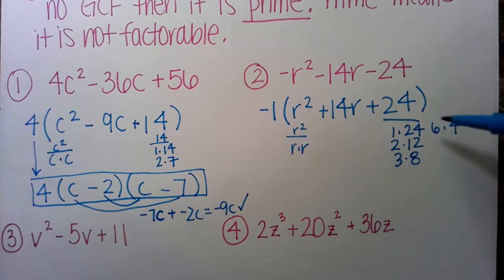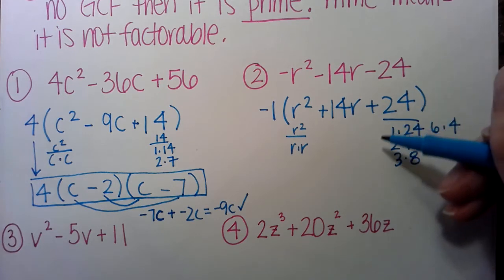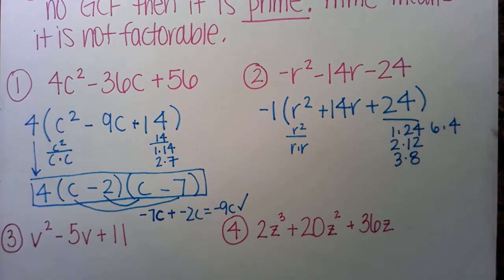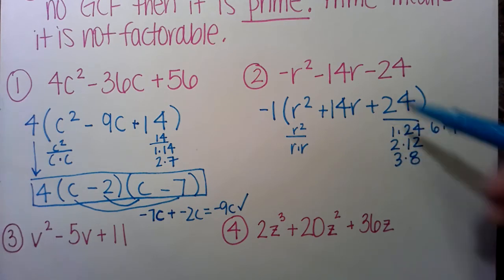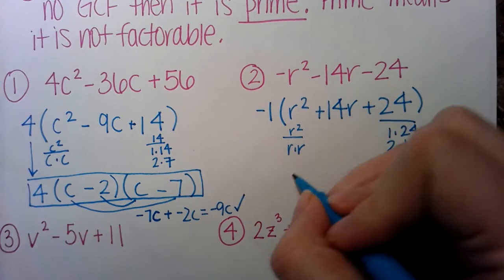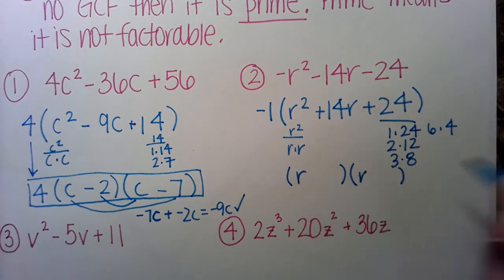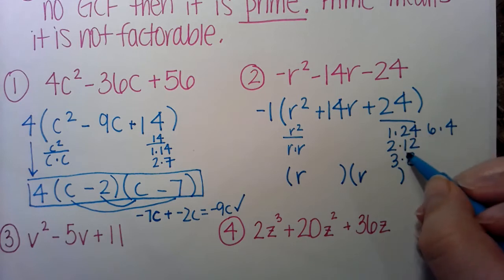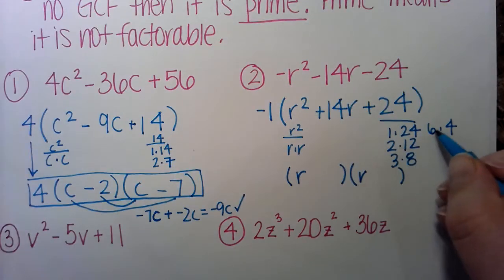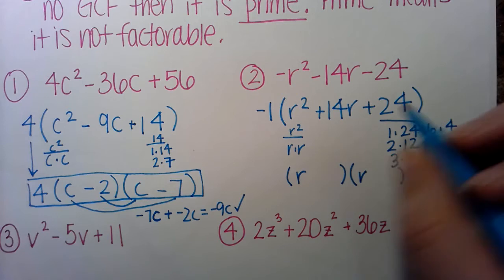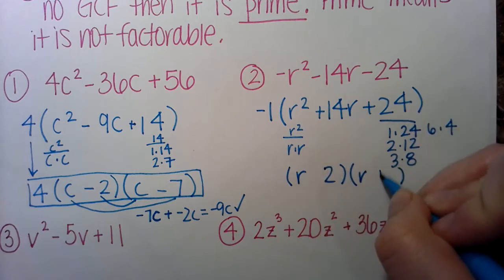Now we're going to look to see, does any of these allow me to add up to 14? What's going to happen is we're going to put r and r. We're then going to see, okay, the only one that I could see that could get us close to 14 is 2 and 12. So I'm going to put 2 and 12 here.